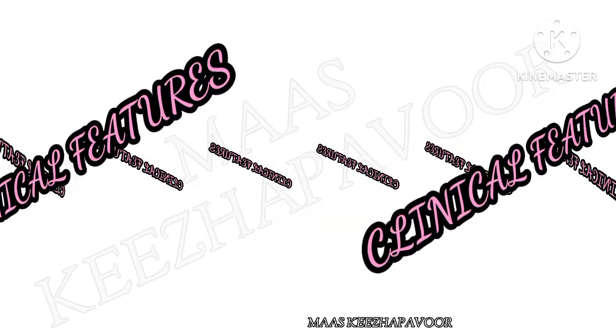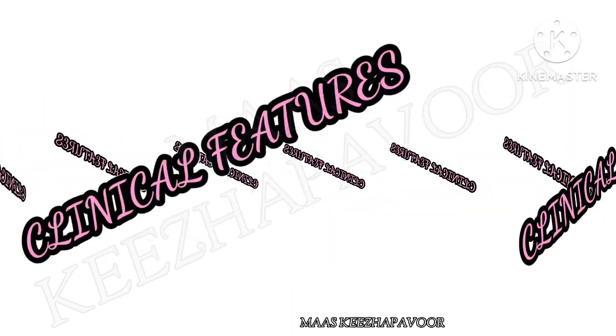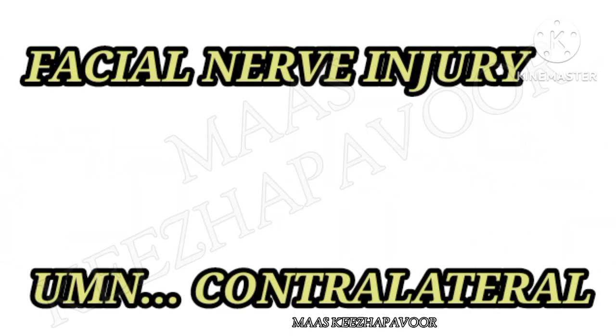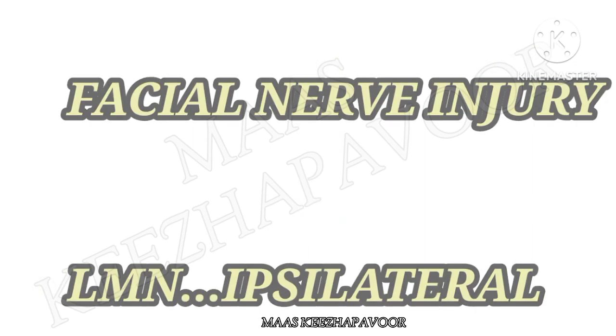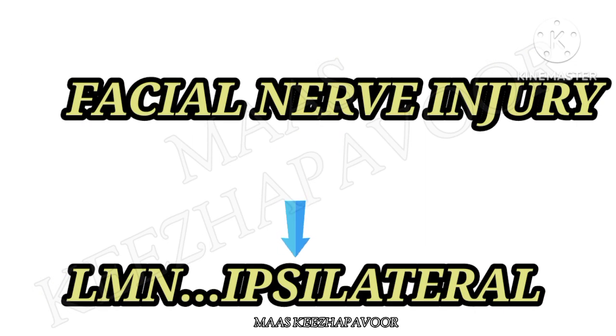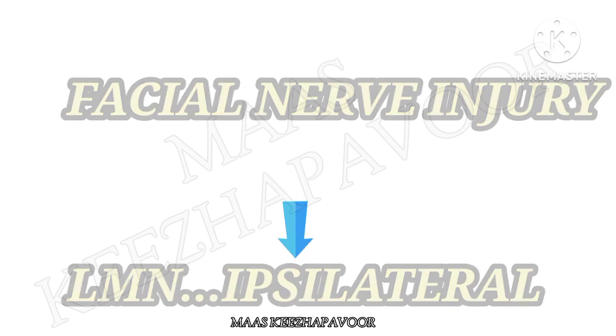Let us see the clinical features of Buccinator. The upper motor neuron facial nerve injury leads to contralateral paralysis of the Buccinator muscle. The lower motor neuron facial nerve injury leads to ipsilateral paralysis of Buccinator muscle.